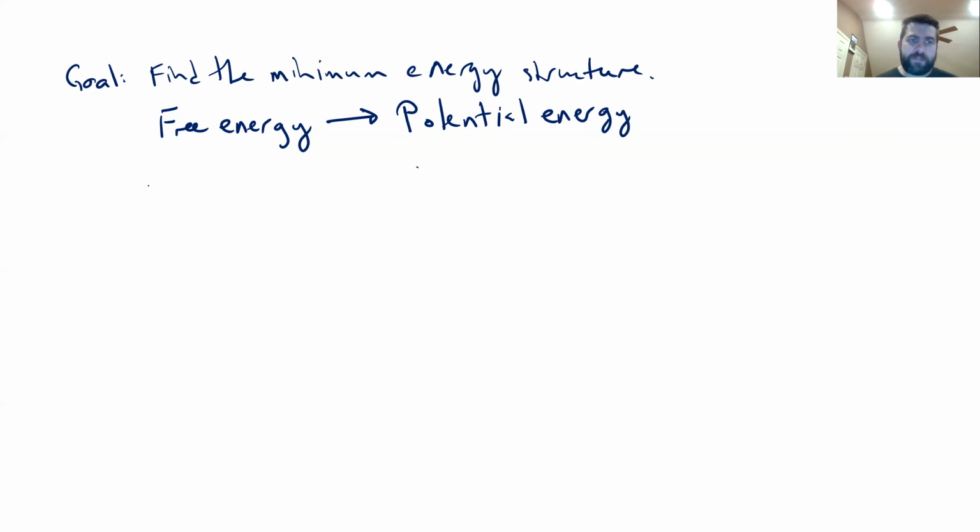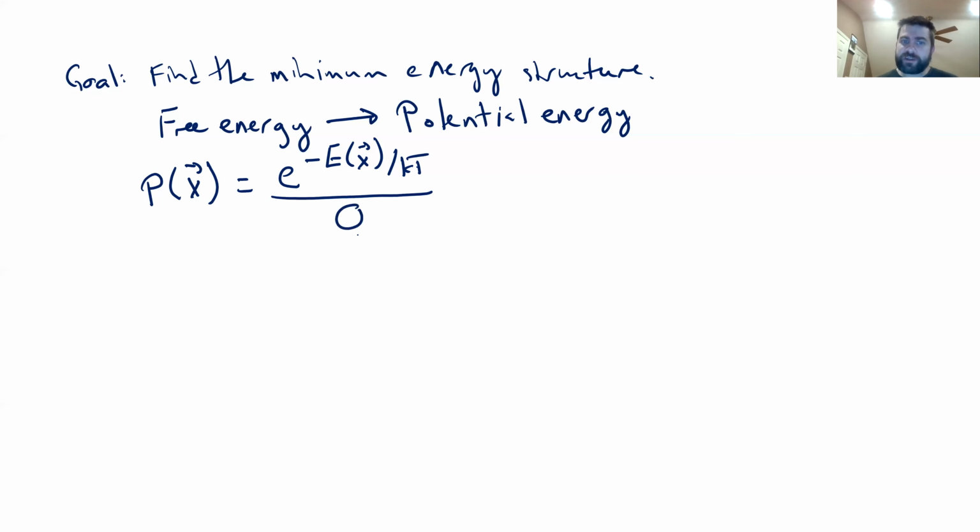So if you recall, we discussed how the probability of being in a particular state, let's call this P of X, the probability of being in conformation X, is equal to e to the negative potential energy of state X divided by kT, over the partition function, right?